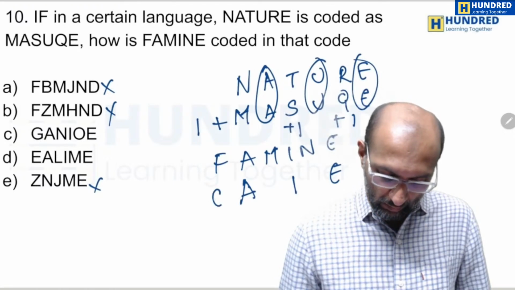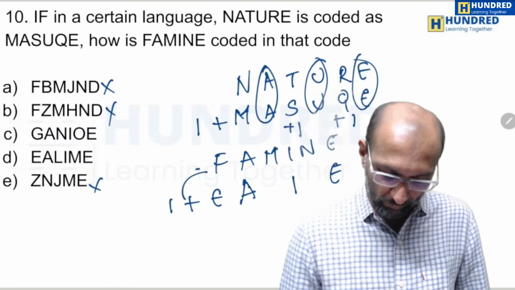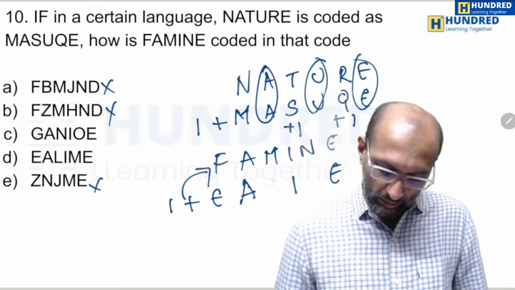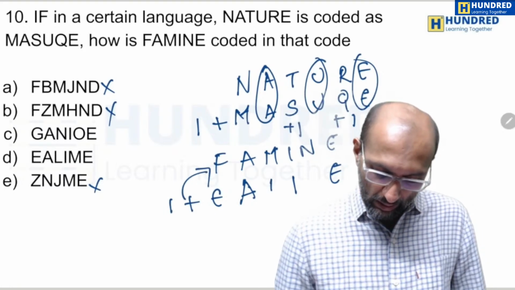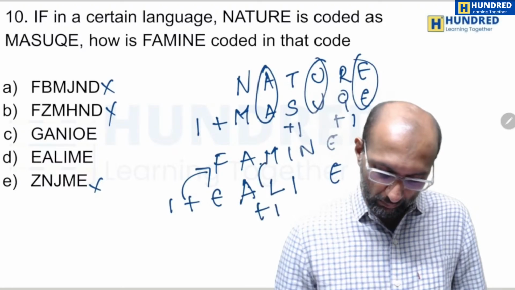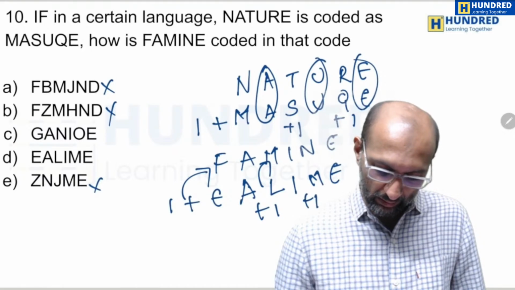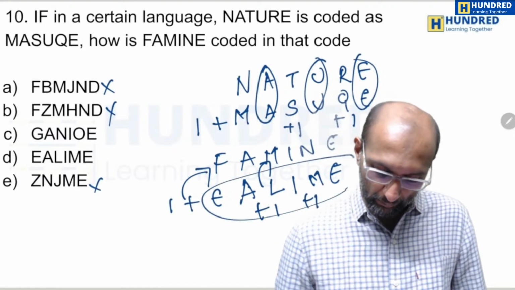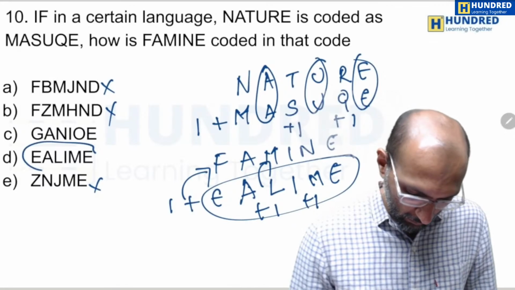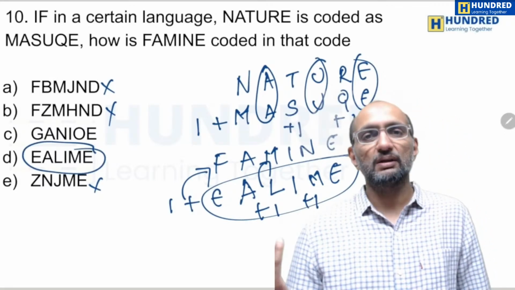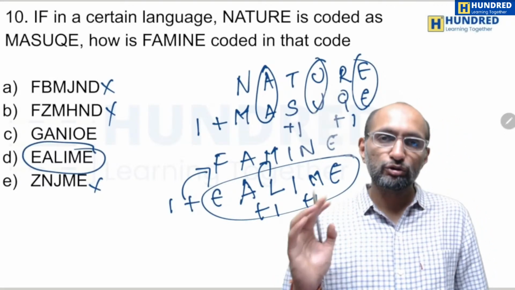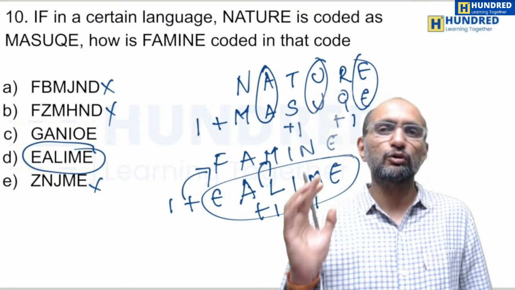E plus 1 is F, L plus 1 is M, and M plus 1 is N. Simple. That's all, we have finished, quickly and briskly.